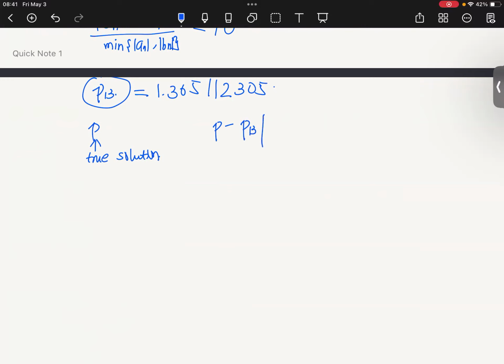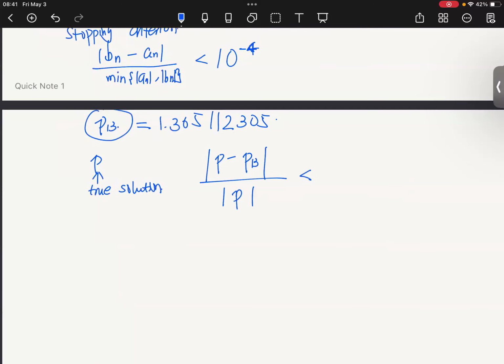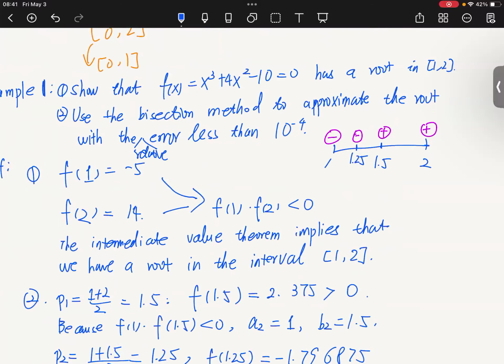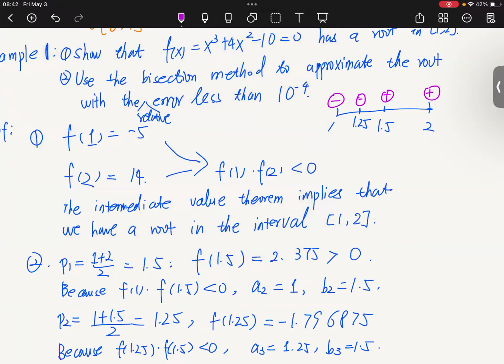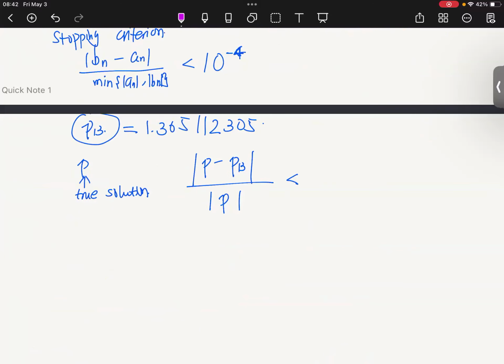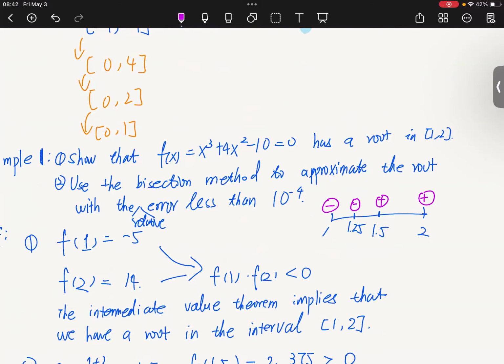And the relative error looks like this. It's just the difference between the true solution and the approximation solution, divided by P. And let's say this is the solution, this is P13.